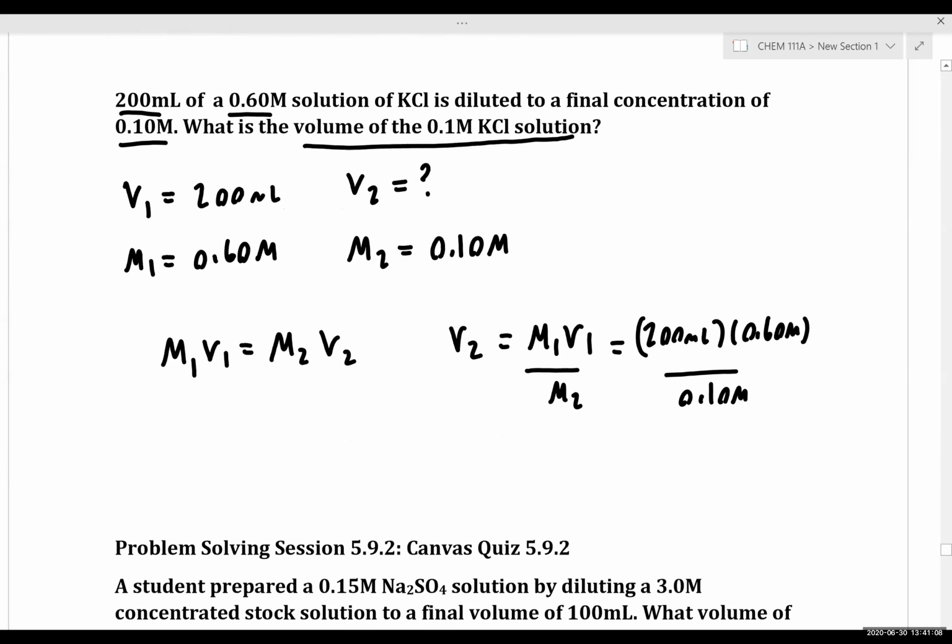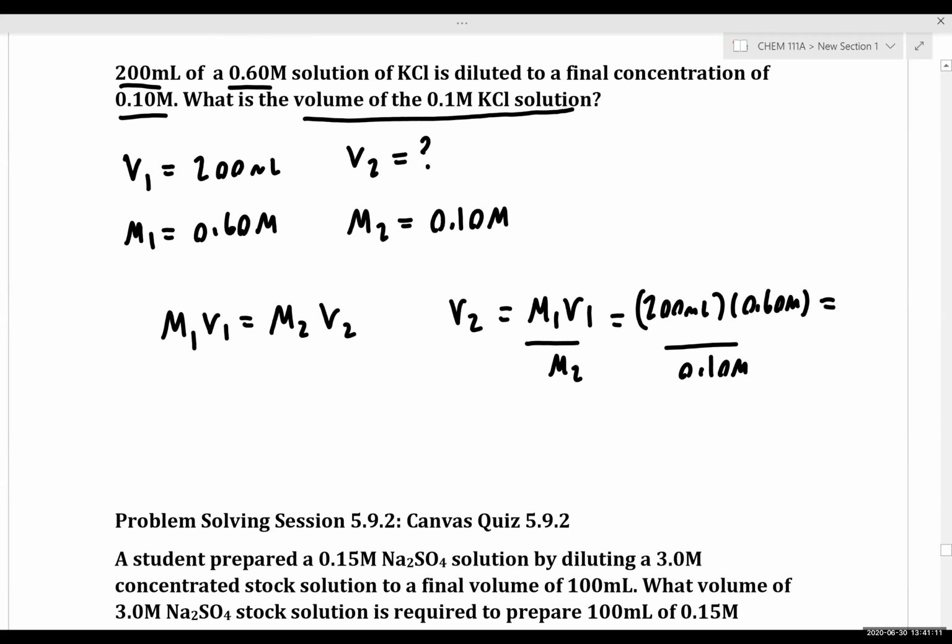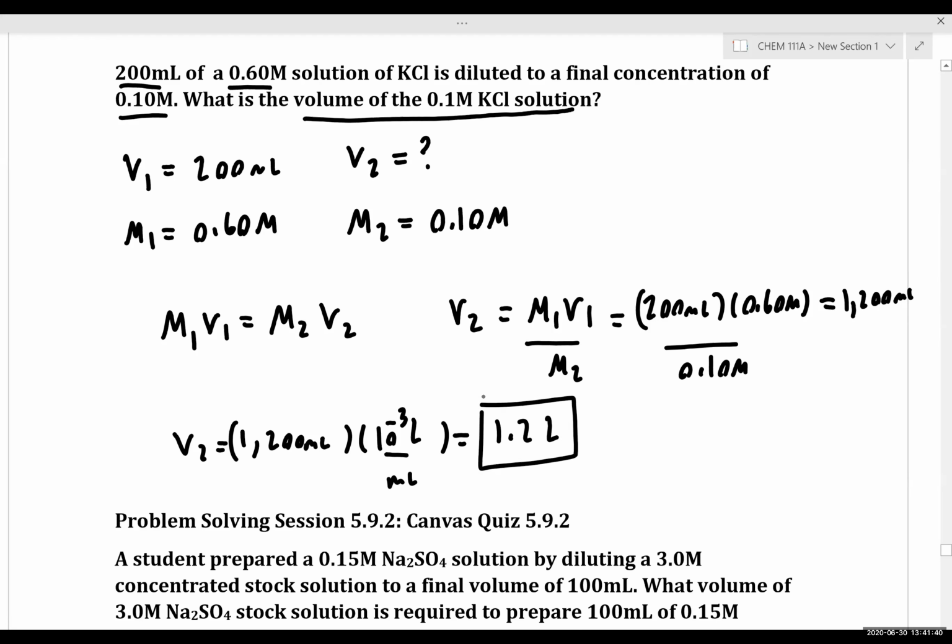That in turn gives us a final volume of 1,200 milliliters. So V2 is 1,200 milliliters, which we can write in terms of liters as 1.2 liters. Does this example make sense to everyone? Any questions on this example?